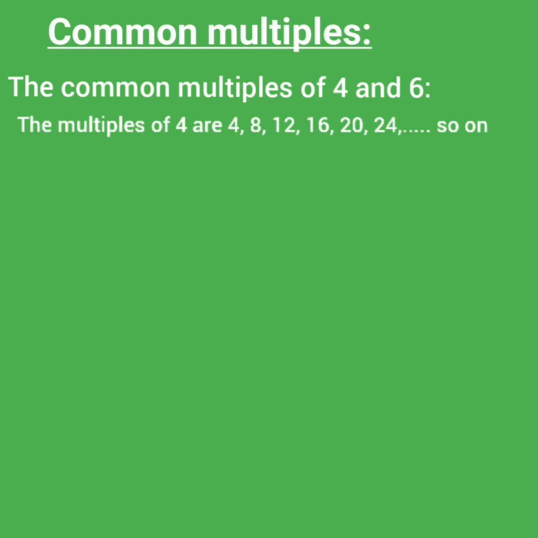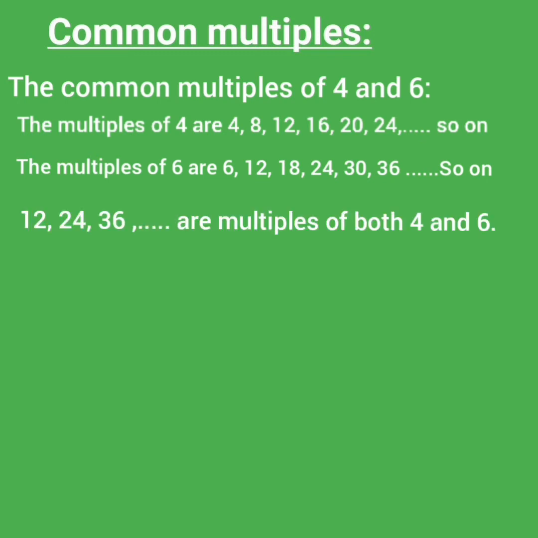Then the multiples of 6 are 6, 12, 18, 24, 30, 36, and so on. Dear children, here we can observe that 12, 24, 36 are multiples of both 4 and 6. Yes, they are called the common multiples of 4 and 6. Have you understood?